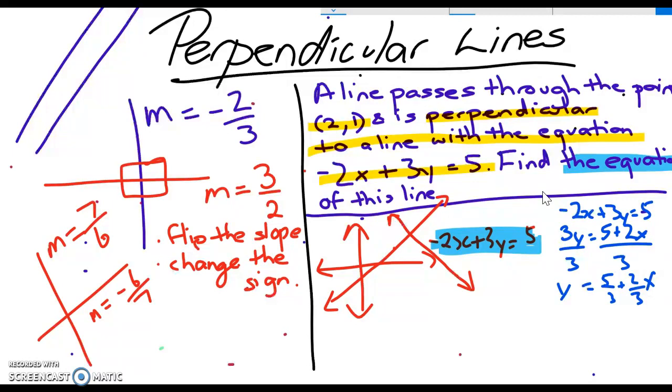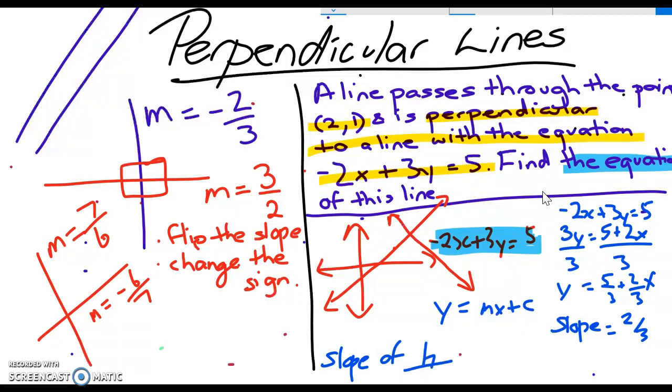Now, we know our general equation of the line is y equals mx plus c. So the number in front of the x is the slope. So in this case, the slope of -2x plus 3y equals 5 is 2/3. Now, in order to find the slope of the perpendicular line, you just flip the fraction and change the sign.